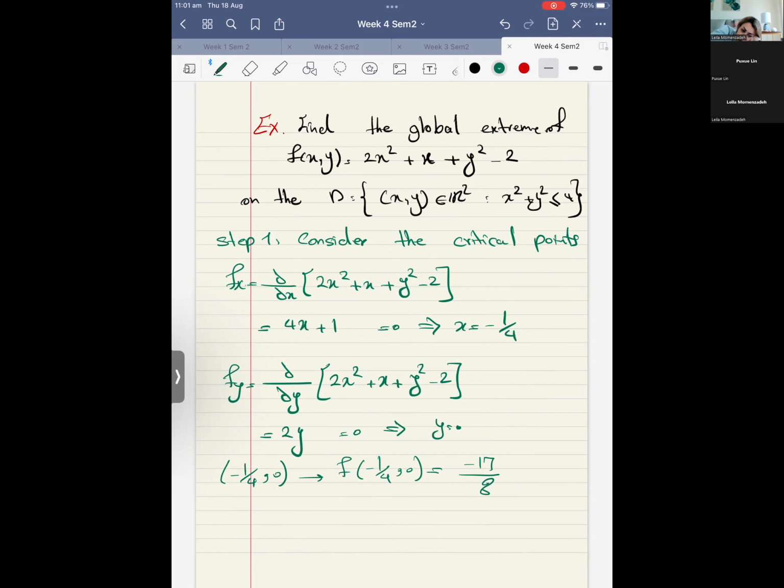Now we restrict to the boundary. Let's see how the boundary is looking.